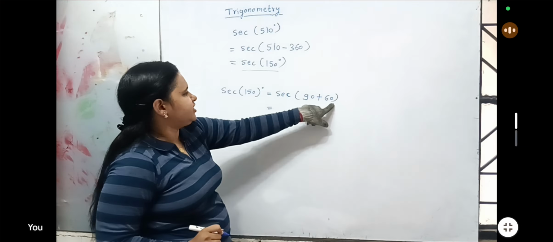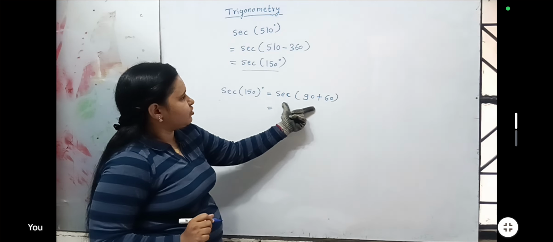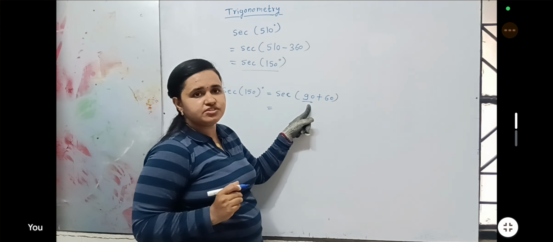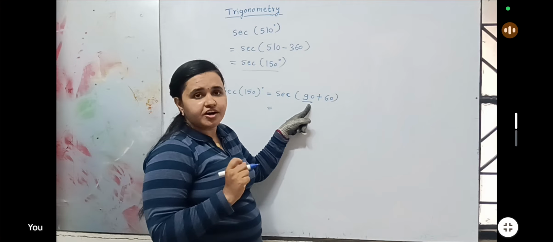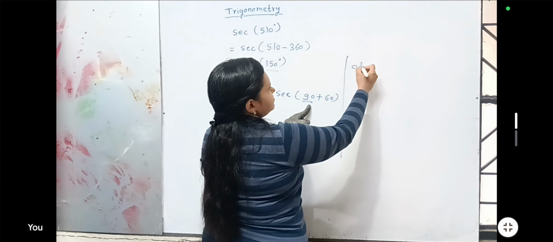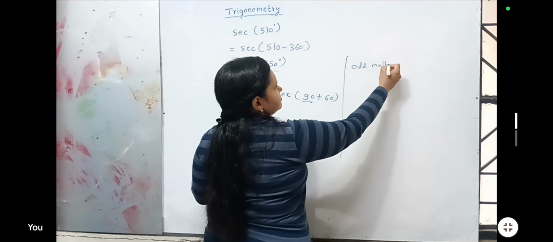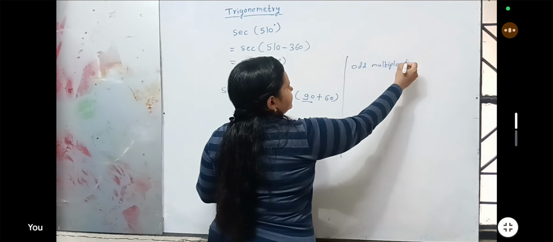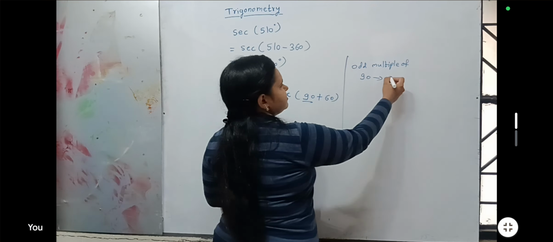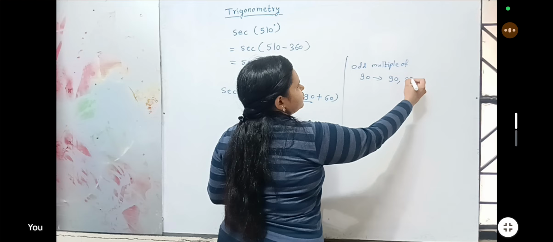So what is sec of 90 plus 60? How do we decide? If the first angle is an odd multiple of 90, odd multiples of 90 mean 90 and 270.